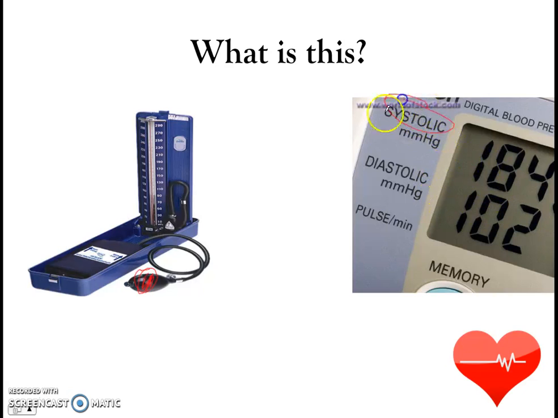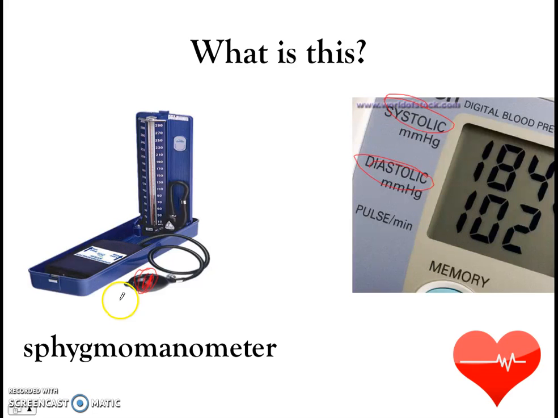As to what these words systolic and diastolic mean, you don't need to know yet, but you'll need to know in about 2 or 3 videos' time. So these are devices to measure blood pressure, and the very long scientific name for them is the sphygmomanometer. A very cool word to add to your vocab and to impress people with. I measure blood pressure with a sphygmomanometer.